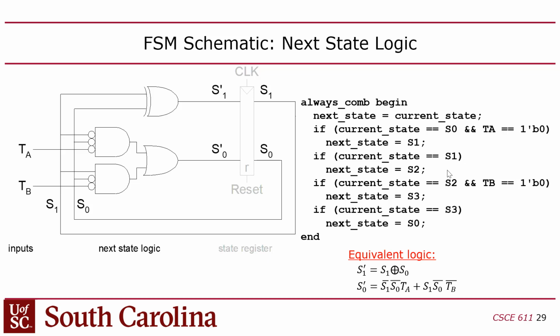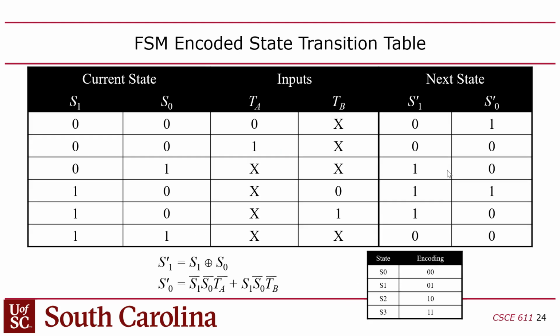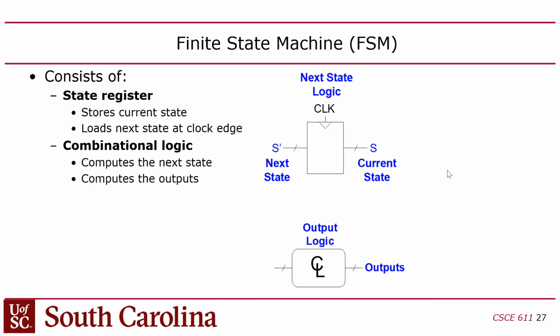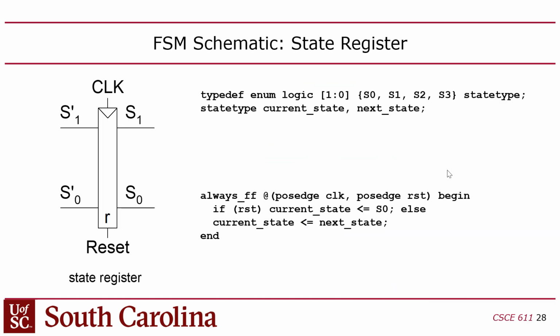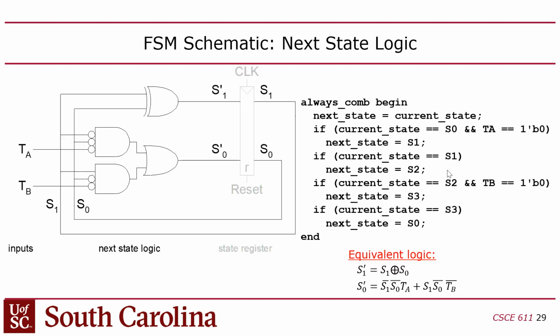So I create this combinational logic with an always block just to create this behavior, except I don't have to write it up as Boolean, I can just write it in Verilog with an if-then-else, using the names of the states. You guys with me?